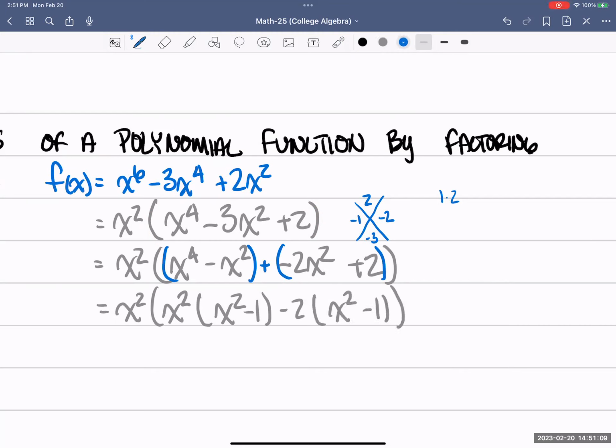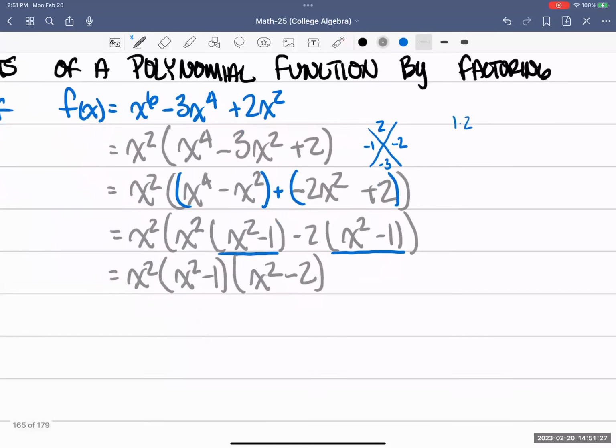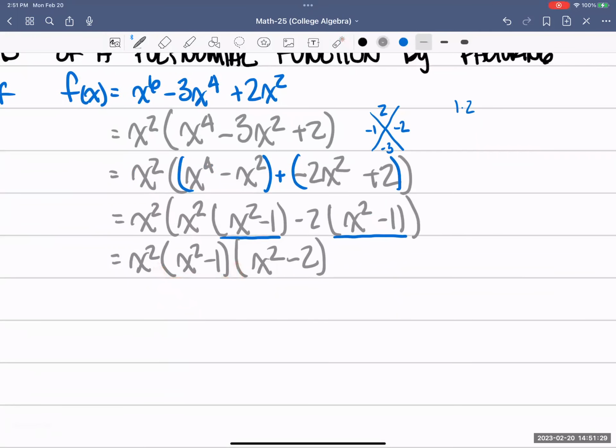And since both of these have that x squared minus 1 in common, we could factor that out, leaving us with that x squared minus 1 times x squared minus 2. And it looks like we could factor this part one more time. X squared minus 1, we have x plus 1, x minus 1. We could technically factor this, but it just looks a little bit uglier. It'll be easier if we just set it equal to 0.